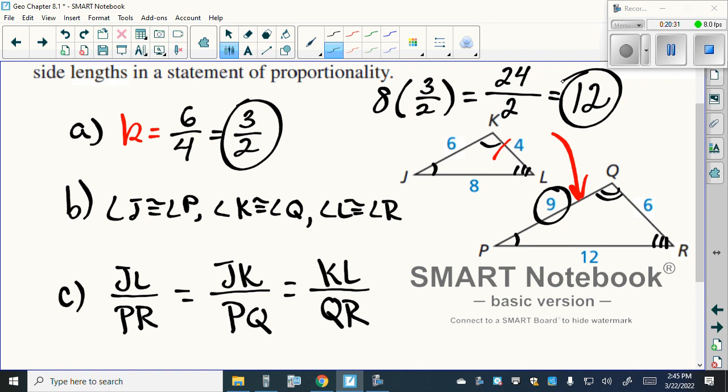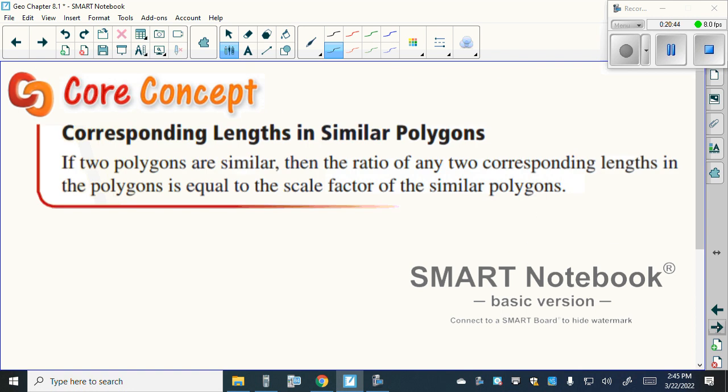Now, 2/3 would work if we were going from PQR to JKL, if we're going the other direction. Okay. If there are no other questions on that there, we'll look at this next core concept.